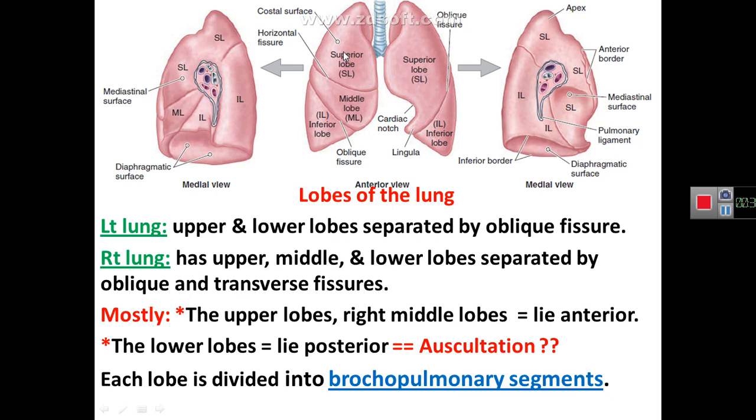But if there are abnormal sounds anteriorly and on the right, this indicates a disease either in the upper or middle lobe, while an abnormal breathing sound heard posteriorly will be an indicator of a disease in the lower lobe of the lung on the left and right side.